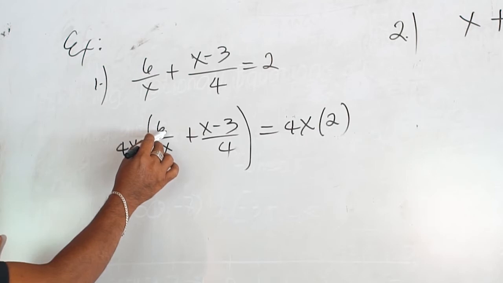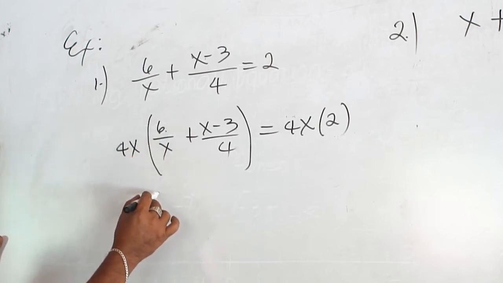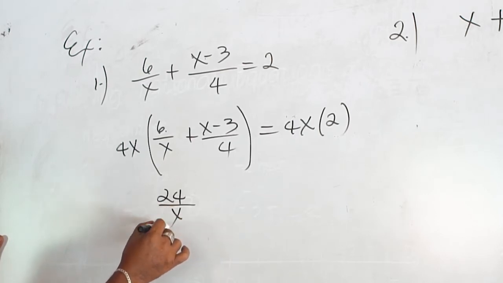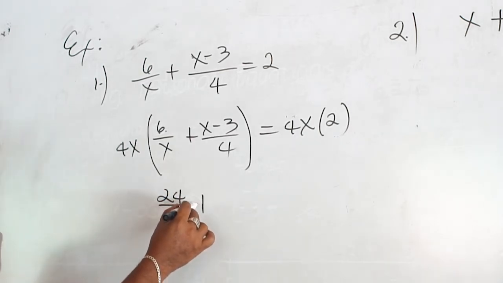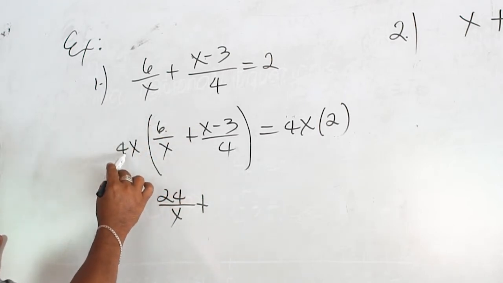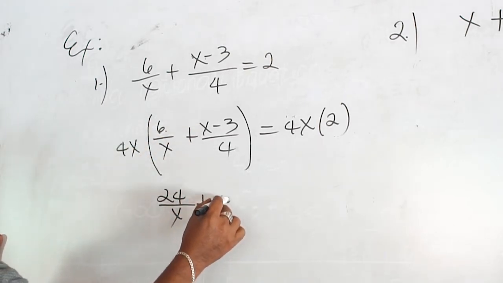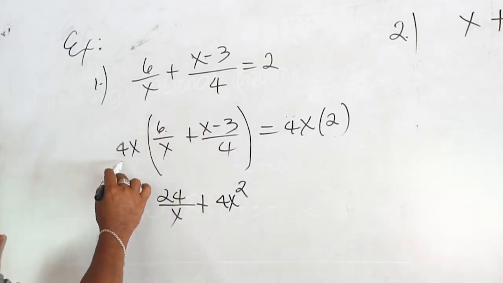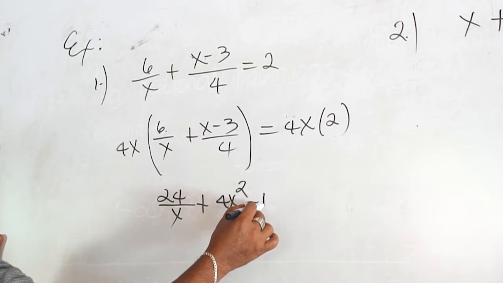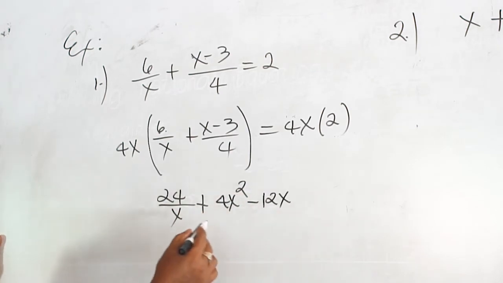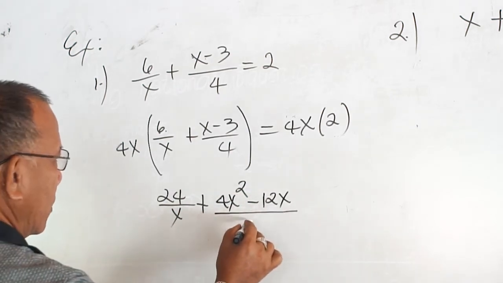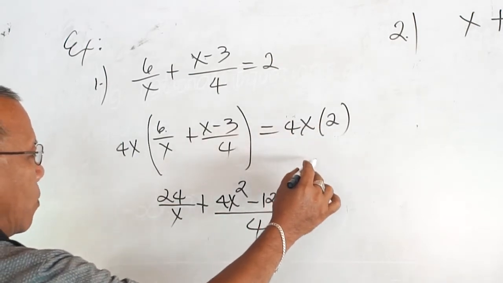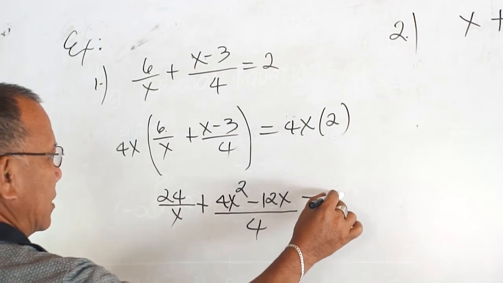So 6 times 4, the result is 24x. Then plus x times 4x, the result is 4x squared. Negative 3 times positive 4x, the result is negative 12x, then over 4, equals 2 times 4x, which is 8x.